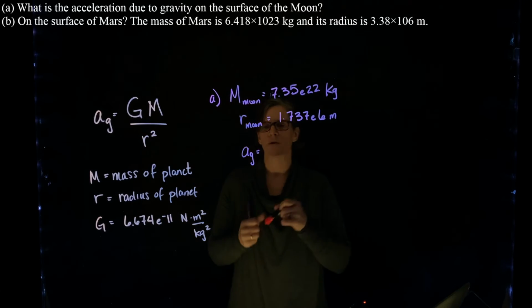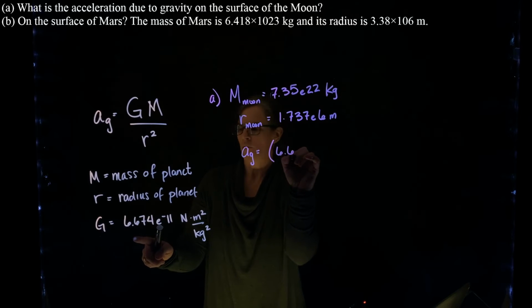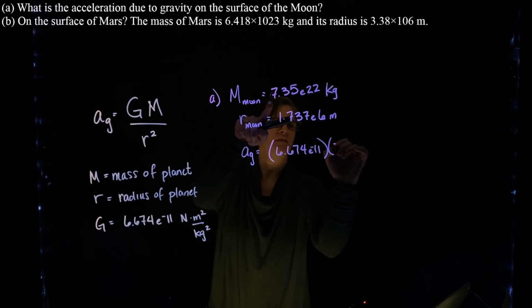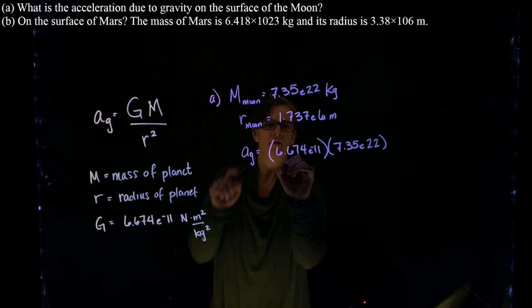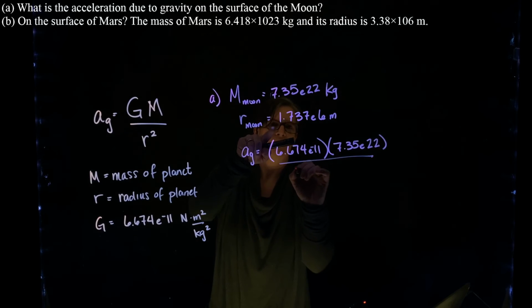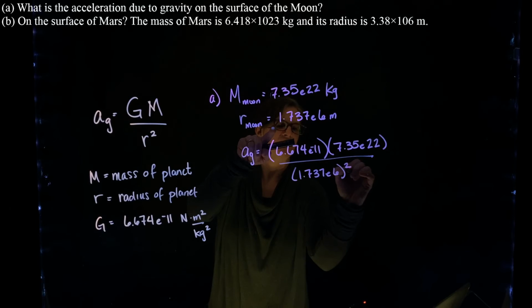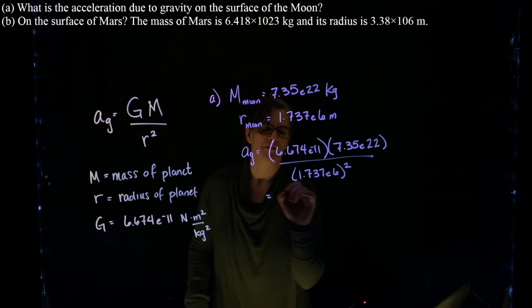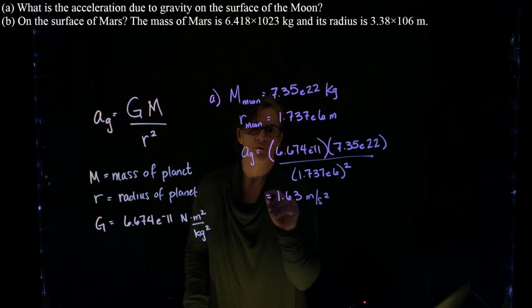All right, so the acceleration due to gravity of the moon is going to be 6.674 times 10 to the minus 11th times the mass of the moon, 7.35 times 10 to the 22nd, all divided by the radius squared of 1.737 times 10 to the 6th squared. And we get an acceleration on the moon of 1.63 meters per second squared.